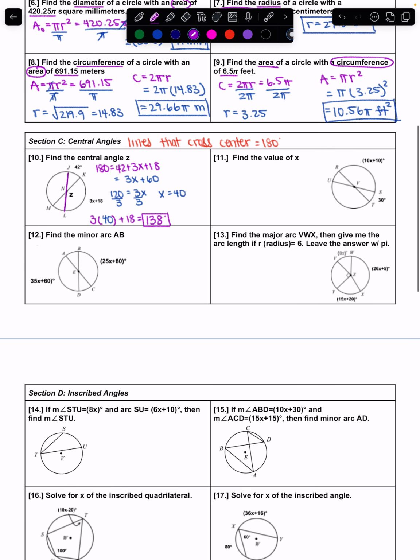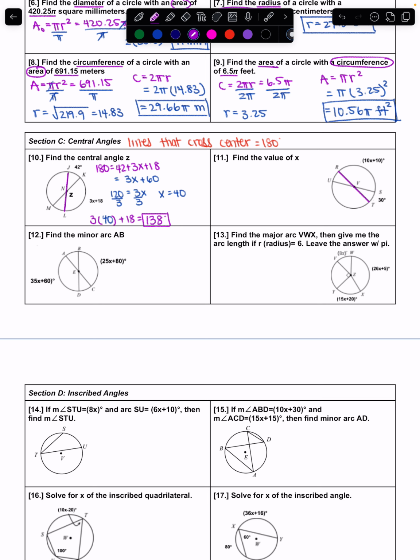All right, so moving on to question number 11, find the value of x. So here, again, we're using the idea that if we have a line and it crosses the center, well, that splits the circle in half, and we know a semicircle equals 180 degrees.